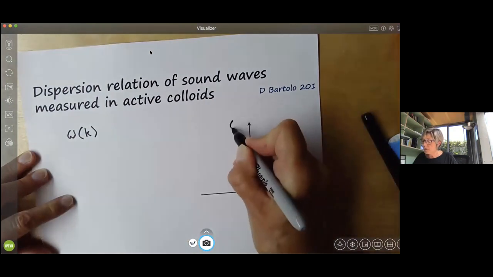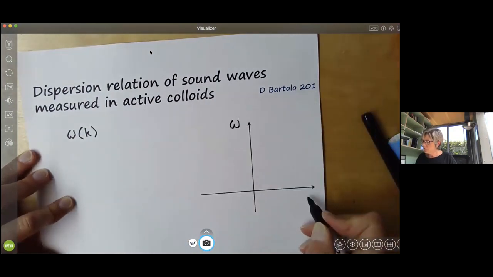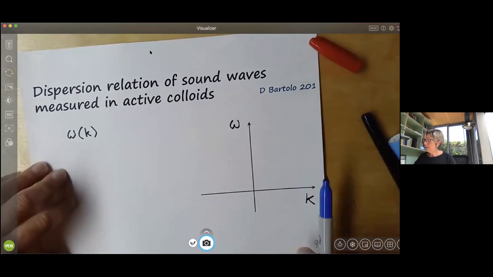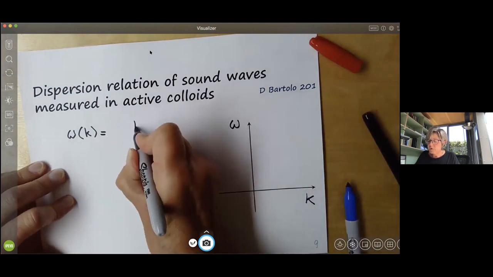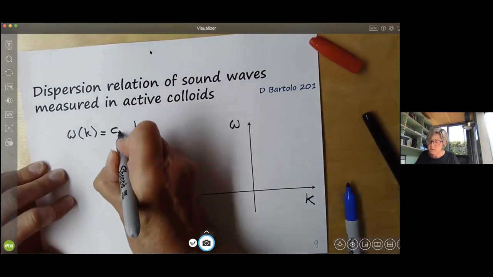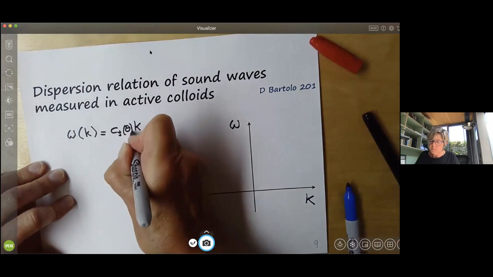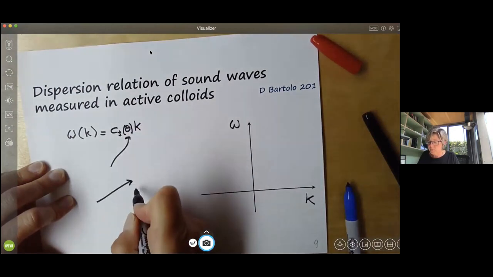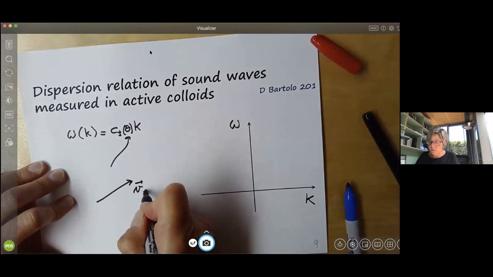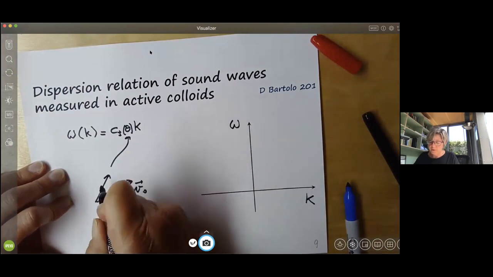So he plots the frequency as a function of momentum here. I will find that, just like in a fluid, there is a linear dispersion relation with a speed of sound that is anisotropic. It depends on an angle theta, which is the angle between the direction V naught of mean motion and the wave vector.